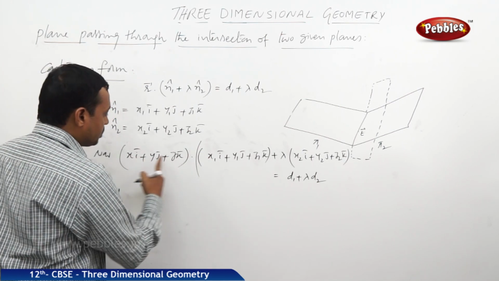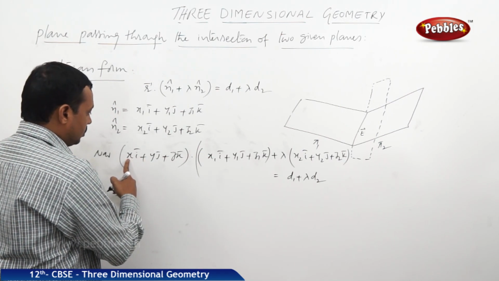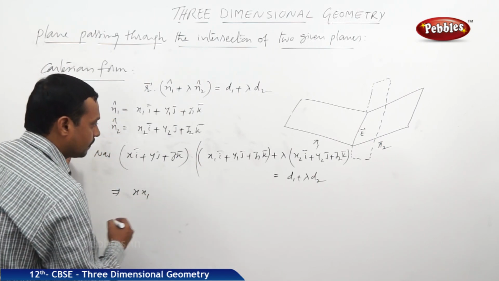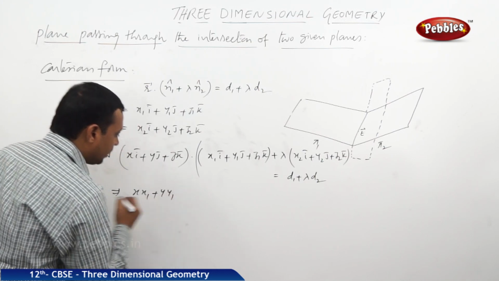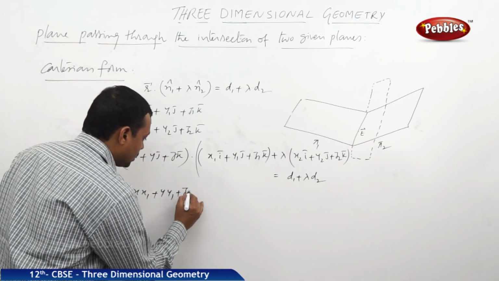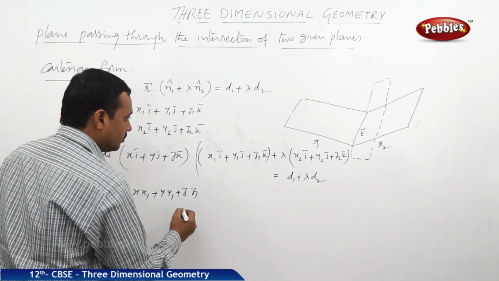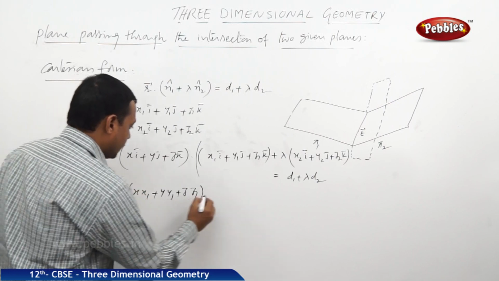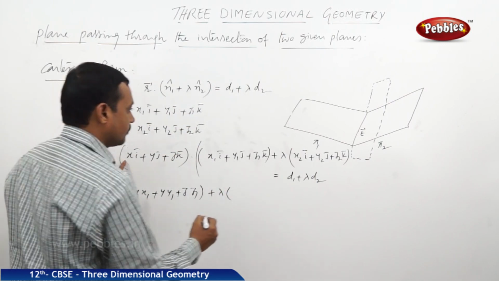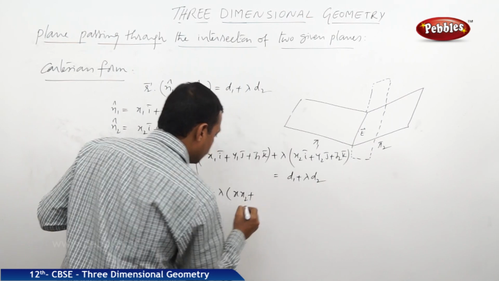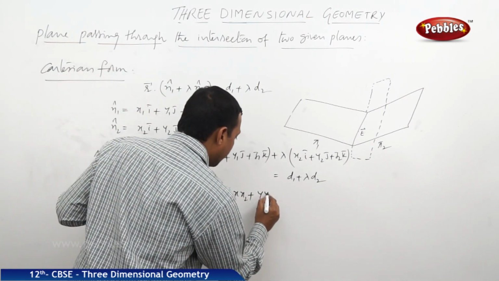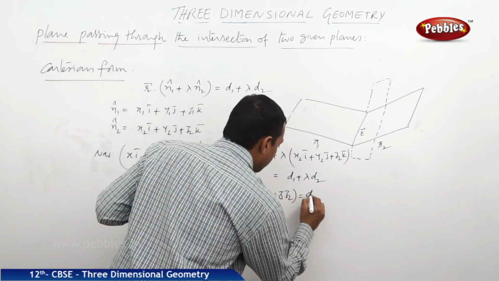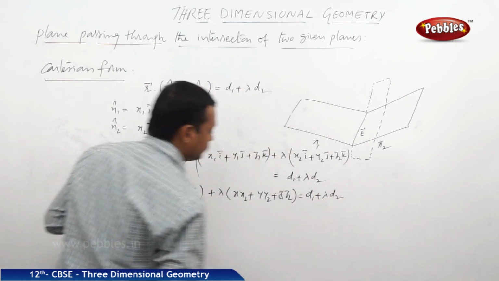By the distributive property, it is xx1 plus yy1 plus zz1 plus lambda into xx2 plus yy2 plus zz2 is equal to d1 plus lambda d2.